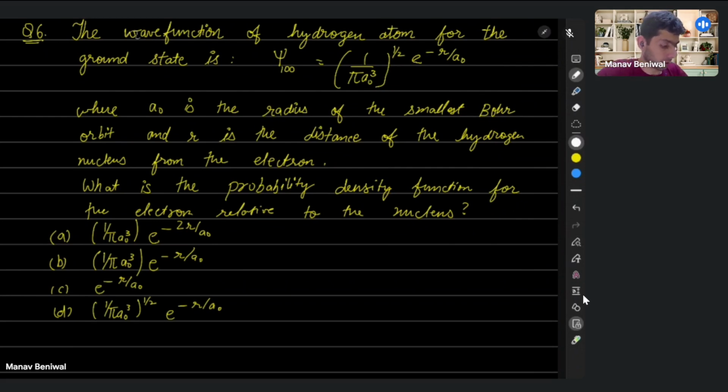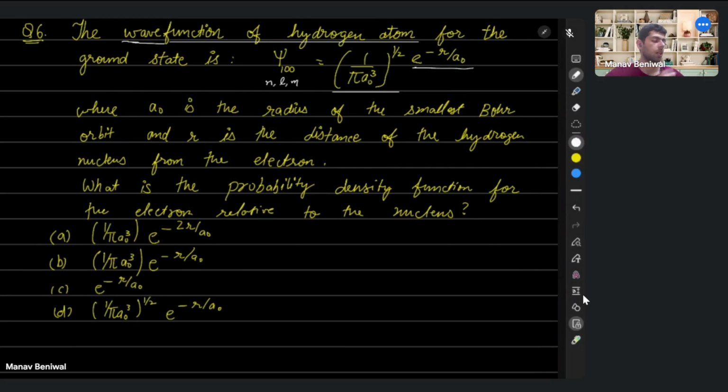We are given a wave function for hydrogen atom, and it is the ground state wave function psi 100. So this is basically our value of n, l, and m, which are the three quantum numbers associated with the wave function of a hydrogen atom. Now this is just the normalization factor, and this is the functional part.